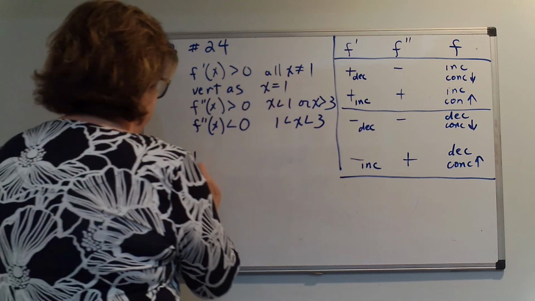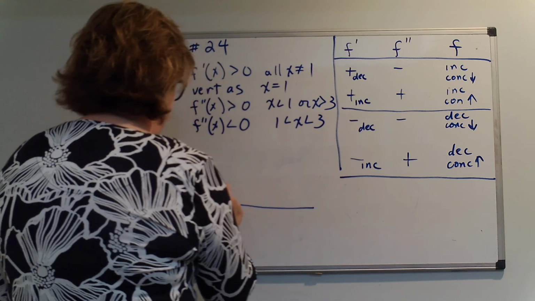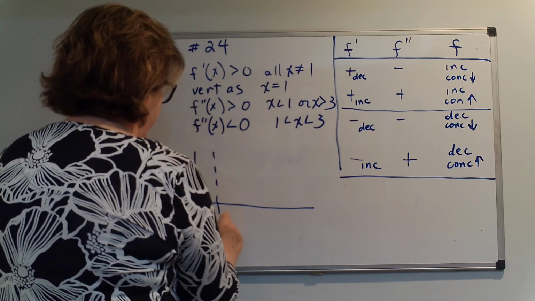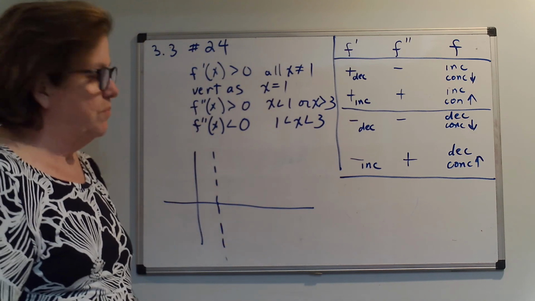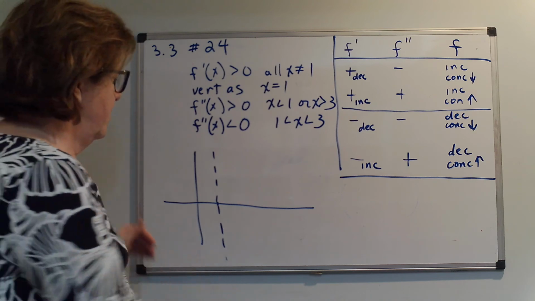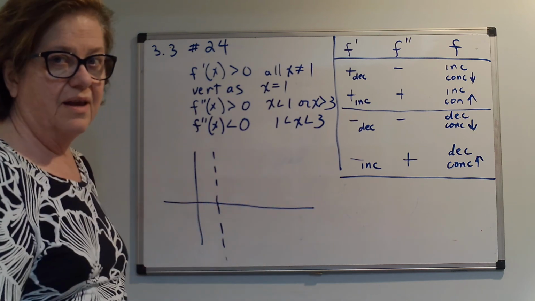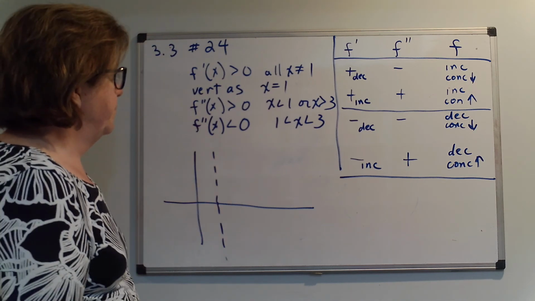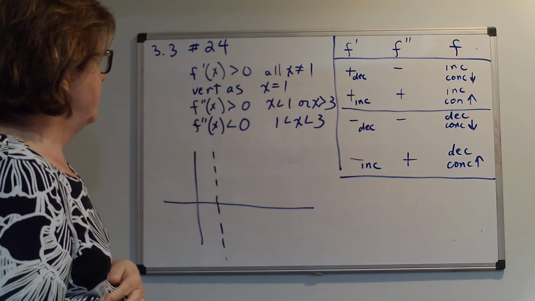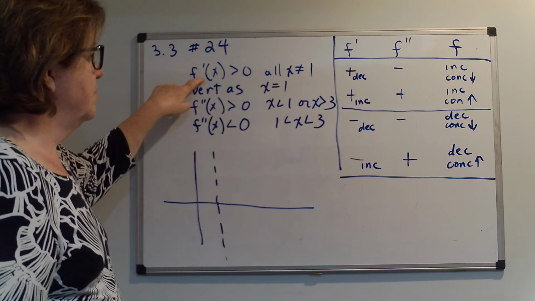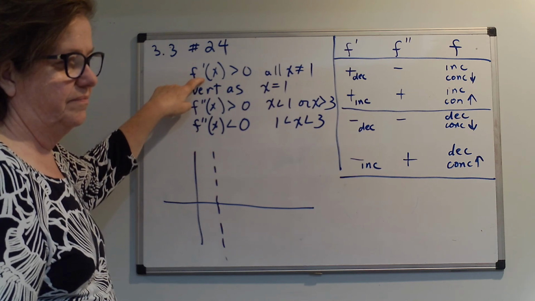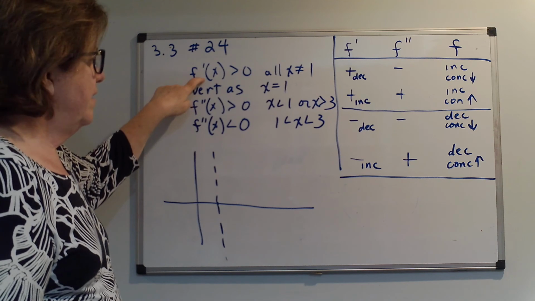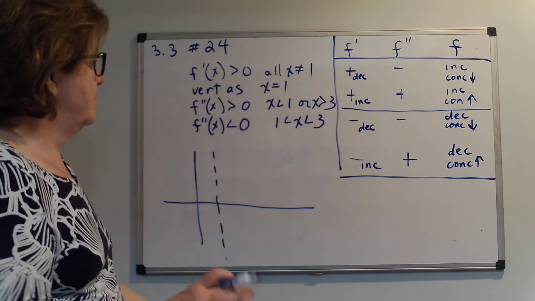Remember, that means the limit as you approach 1 from the right and the left can be positive infinity or negative infinity. So we know that much, and we know that the function is always increasing.